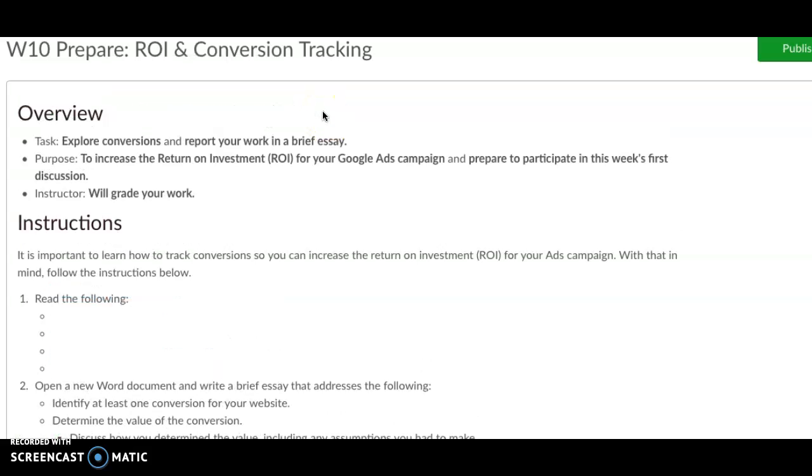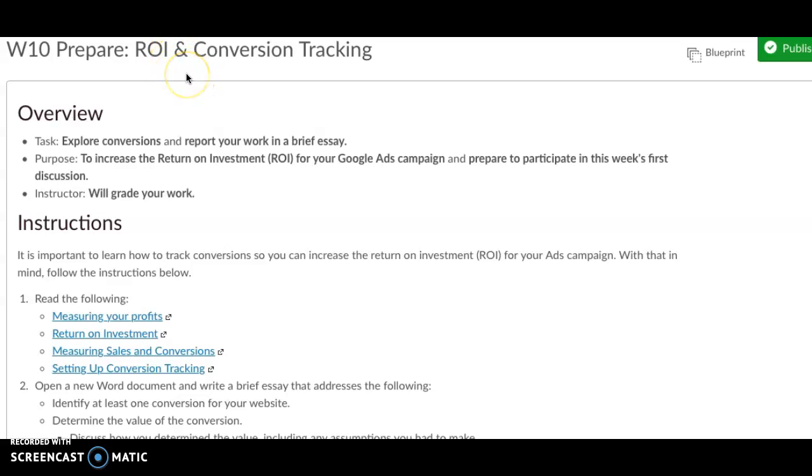ROI and conversion tracking. This is candidly probably our most complex topic that we'll cover in marketing. ROI is return on investment. It's tracking how much money you're getting back out of your Google Ads campaign, out of the money you're investing in there. And it's what makes Google Ads so powerful.